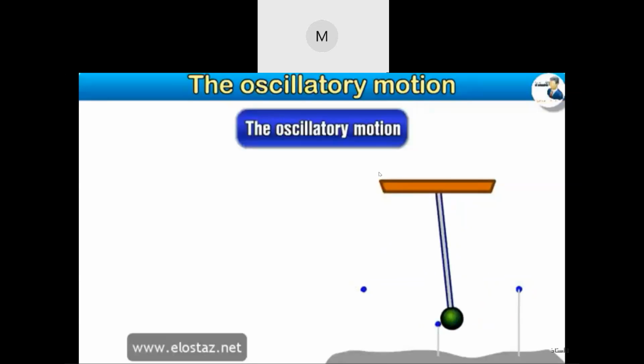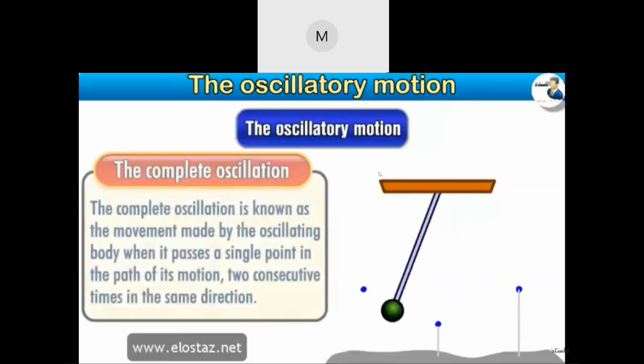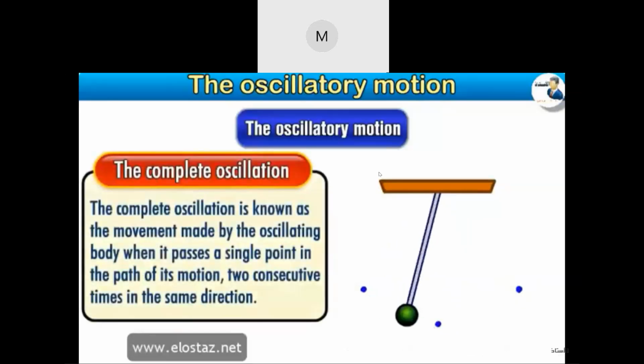If we watch the motion of this pendulum for some time, we will notice that it repeats certain motions. This motion is called complete oscillation. What is meant by the complete oscillation? The complete oscillation is the movement made by the oscillating body when it passes a single point in the path of its motion 2 consecutive times in the same direction.